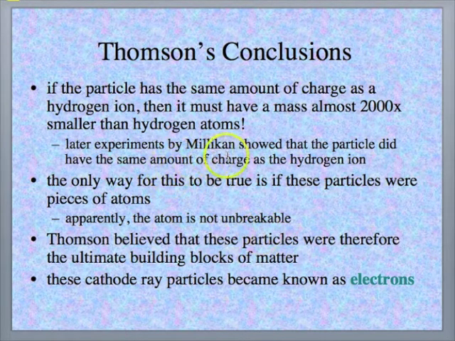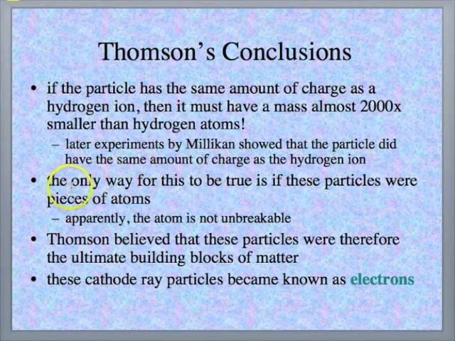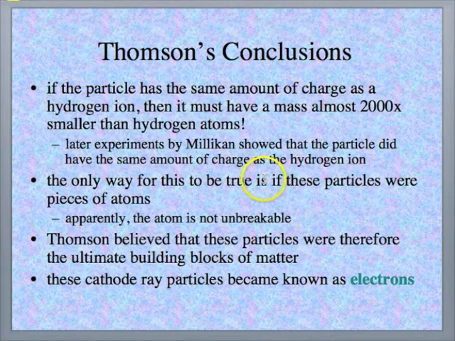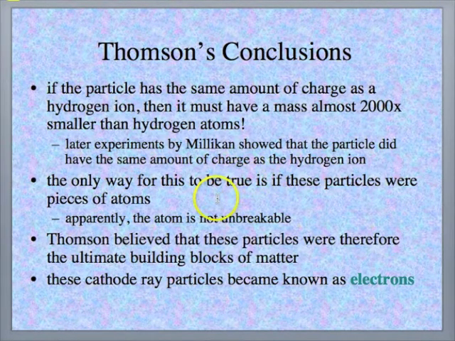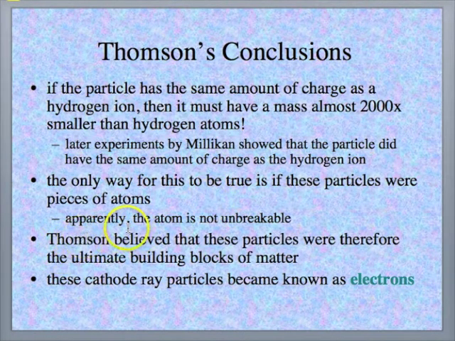And later experiments by Millikan show that the particle did have the same amount of charge as the hydrogen ion. Secondly, the only way for this to be true is if these particles were pieces of the atom, building blocks of the atom. So apparently, the atom is not unbreakable.